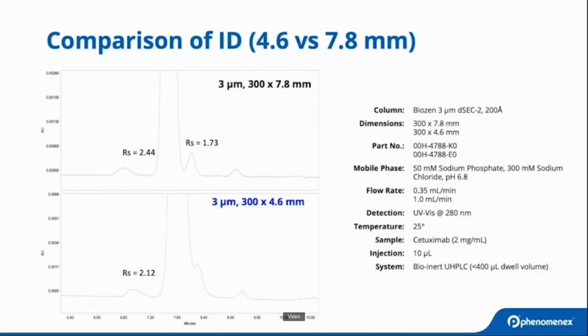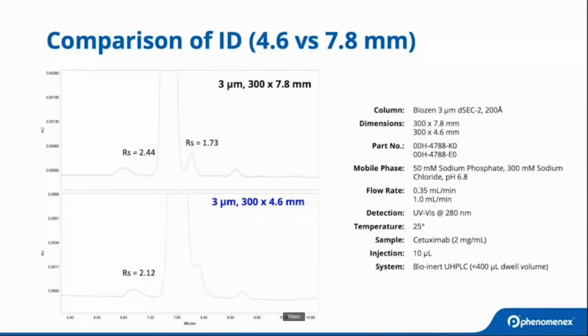An often overlooked aspect of size exclusion is column ID. Now, we previously mentioned larger IDs are more resistant to system dwell or extra column volume. So if you want to run a 3 micron column, presumably because there's a concern around sample clogging, you might want to think about the specific column ID you're selecting.